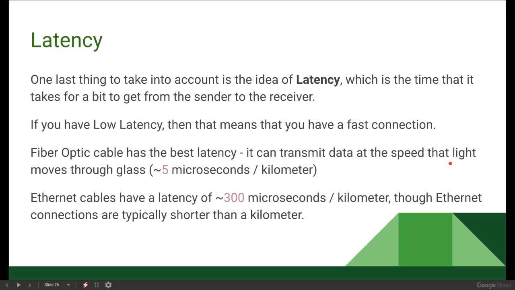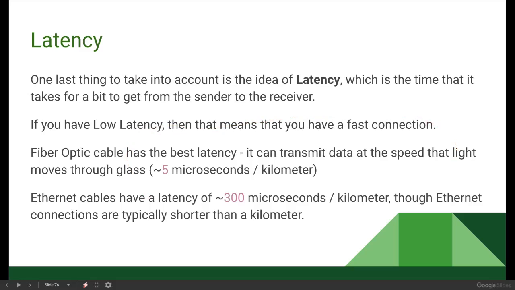Now, the last thing to take into account when we are talking about digitally transferring data is the idea of latency, which is the amount of time that it takes for data to get from the sender to the receiver. So how much time is spent on the actual transmission. If we have a system with low latency, that means we have a fast connection. Now, fiber optic is the lowest latency possible we can get.